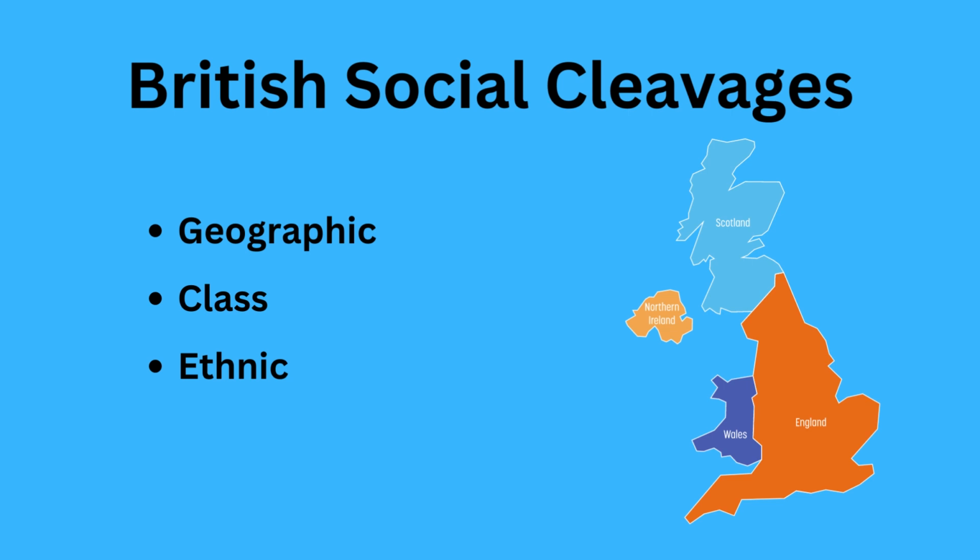Let's talk about British social cleavages. Geographically, as I mentioned, Great Britain is a combination of what were originally four different nation states. Until the 16th century, England did not rule beyond its borders. And now there are very much differing levels of geographic division.